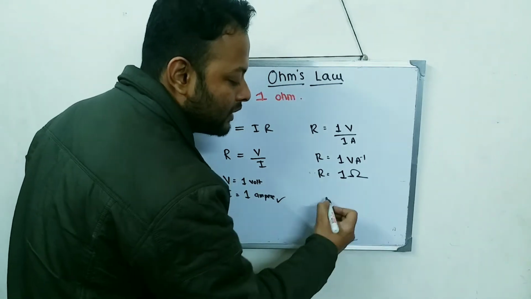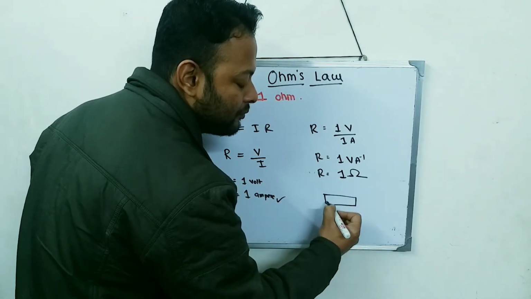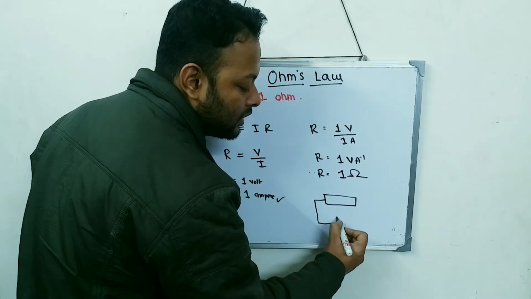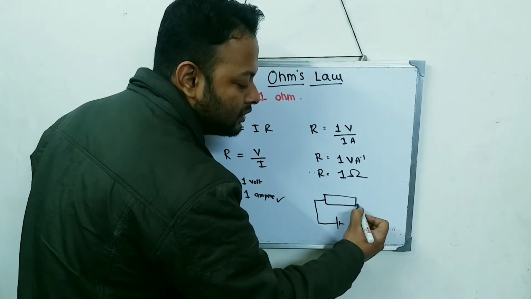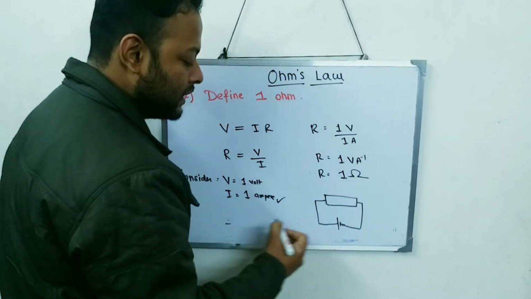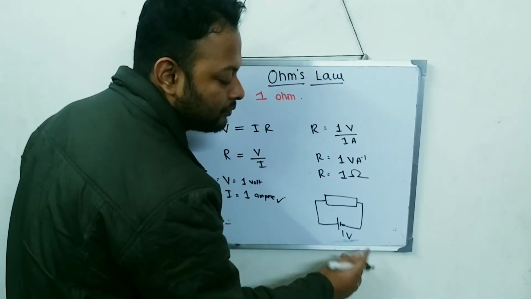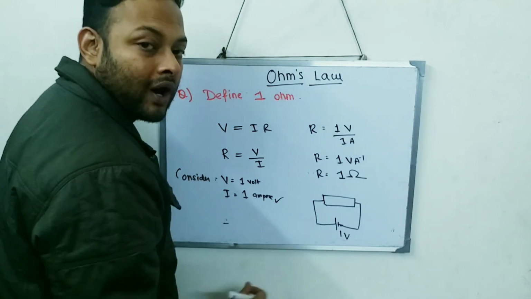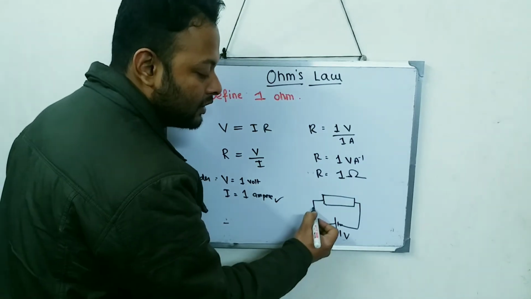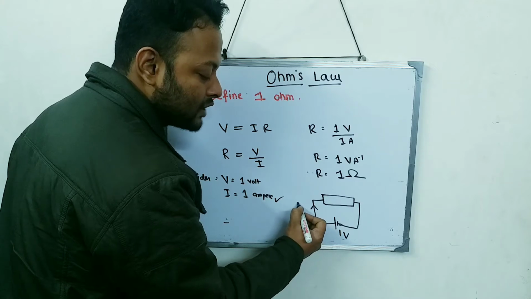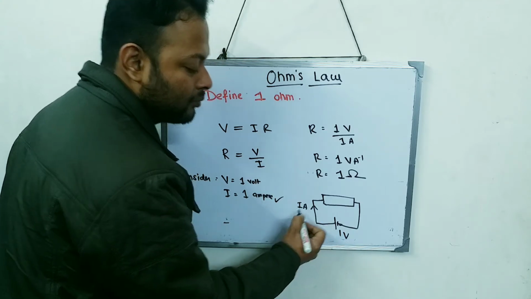So if I talk about it like this, this is the conductor, suppose, and across the conductor a battery is connected. Now I'm saying the battery has to be how much? This battery has to be 1 volt, and the current we have to pass is a current of 1 ampere.